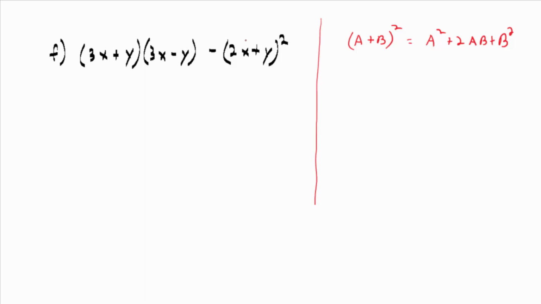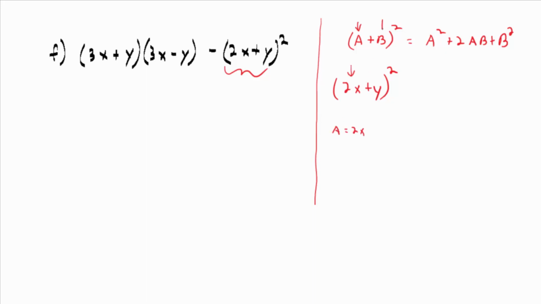So identify the first guy in the 2x plus y quantity squared. Can you identify the first guy, the a, for me? I'm just talking about this piece, and so that's what I wrote down right here. So what's the a from this formula? What's acting like the a? 2x. So a is 2x.